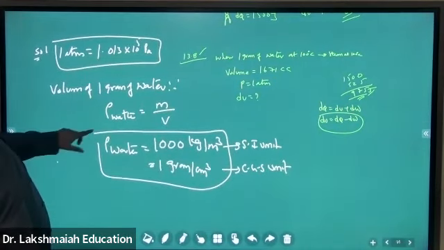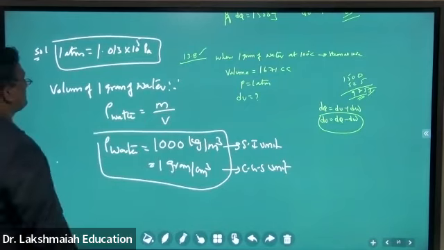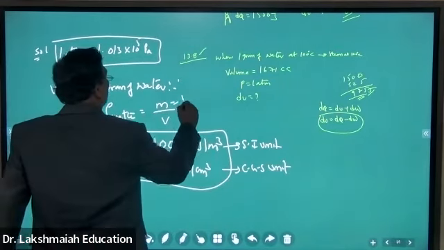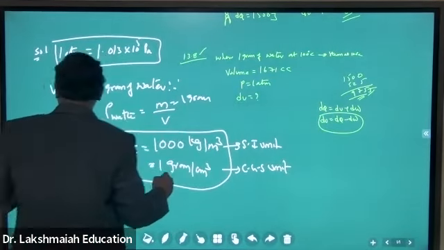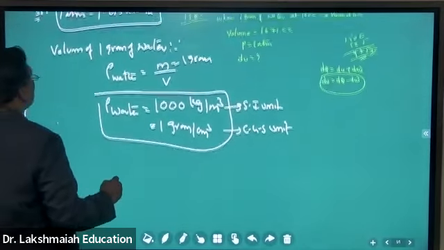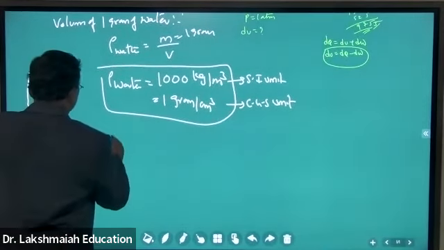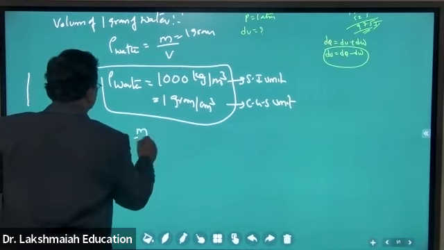So now volume you have to find out. The mass they have given is 1 gram. So volume is equal to mass per density.